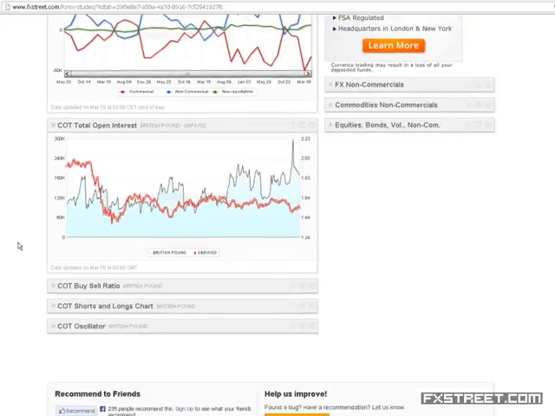You can see the open interest for the British pound in this case, plotted together with a price chart for cable, sterling dollar. What is the open interest? A futures contract is said to be open when it has been entered into and not yet liquidated by an offset transaction or fulfilled by delivery.